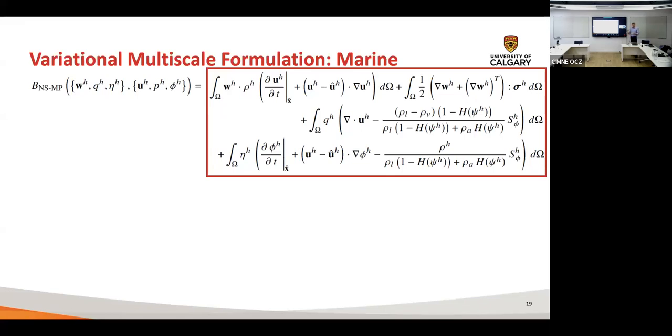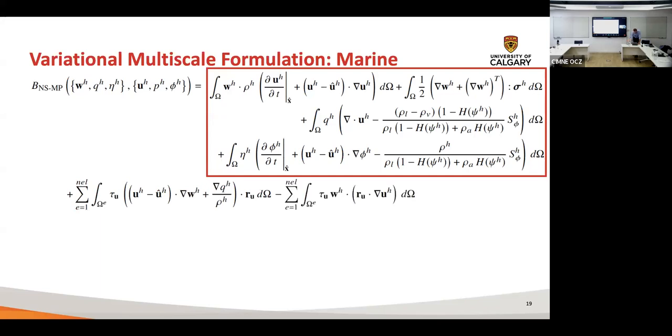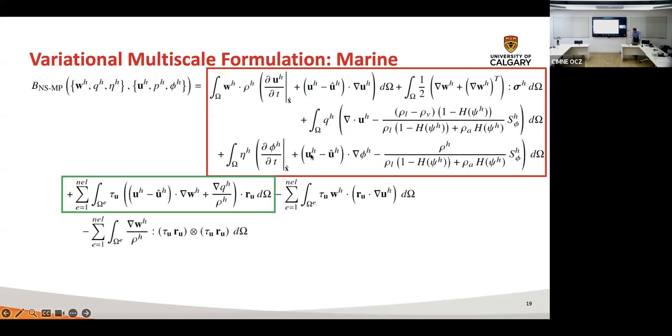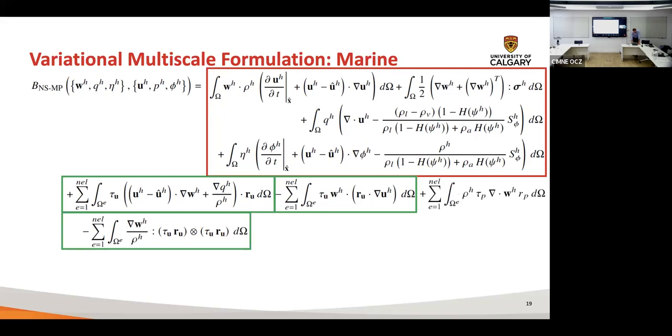When I say that to the classical fluid mechanician, I got hammered, but it is. So how does that term look like? This is your cross stress term, another cross stress term, then the Reynolds stress term, which is u prime.